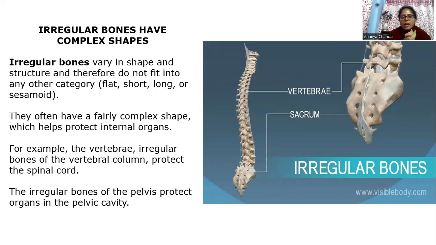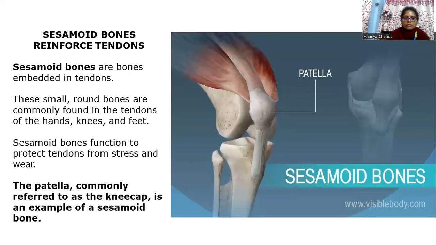They have a complex shape and help protect what? The internal organs. For example, the irregular bones of the vertebral column protect the main organ, the spinal cord. Another example is the pelvis, which protects the organs in the pelvic cavity.